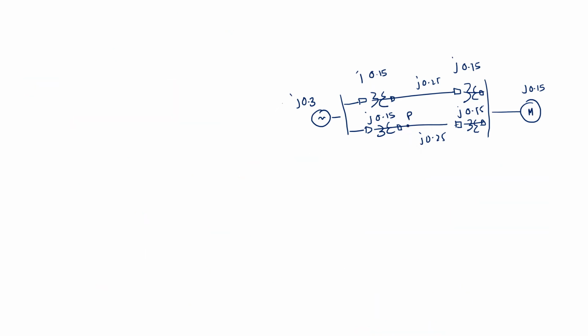Now, let us calculate the post-fault values of the power transfer. So, in post-fault what will be happening? This particular branch is removed. So, total reactance will be because of this generator, this transformer, this transmission line and this motor. So, how we calculate?